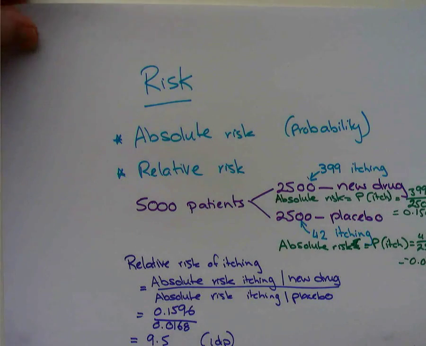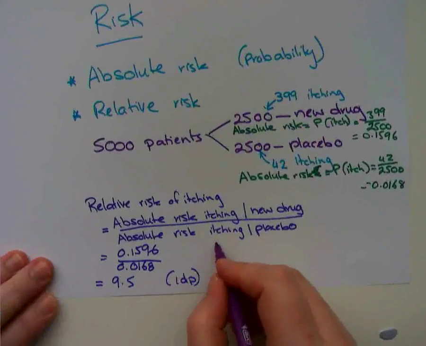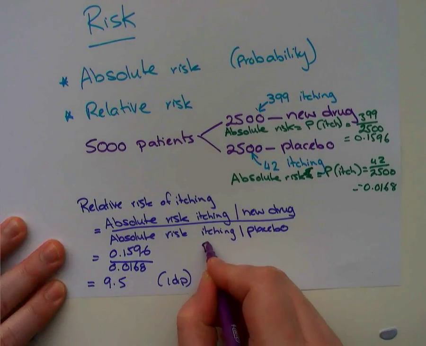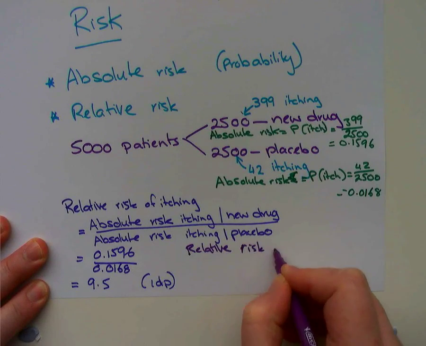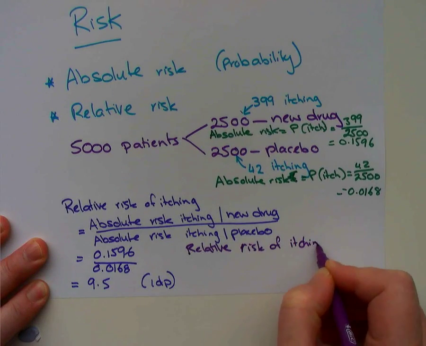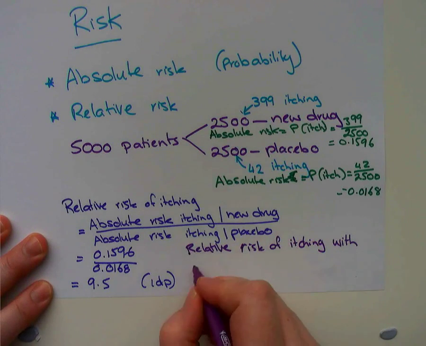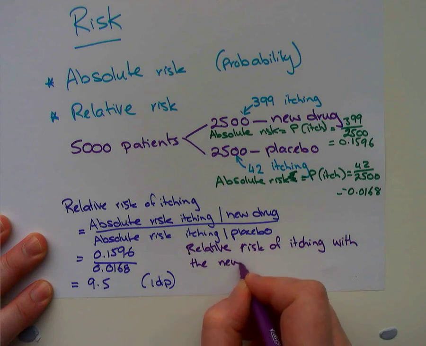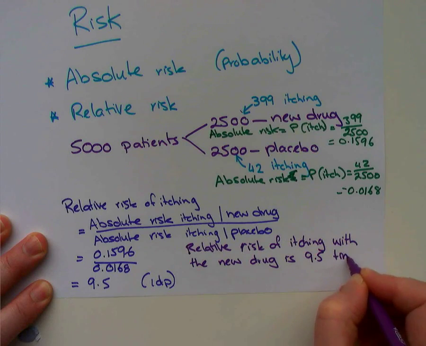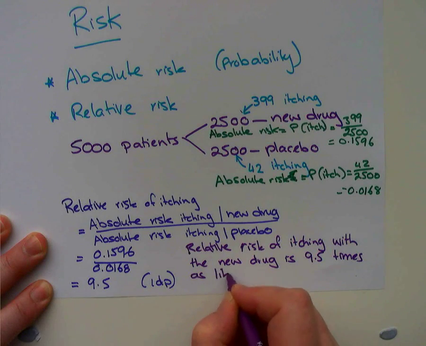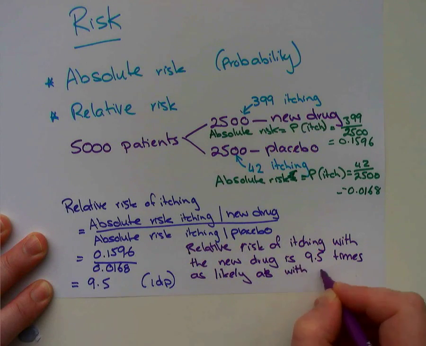We need to interpret this in sentence form. We need to be able to say that the relative risk of itching with the new drug is 9.5 times as likely as with the placebo.